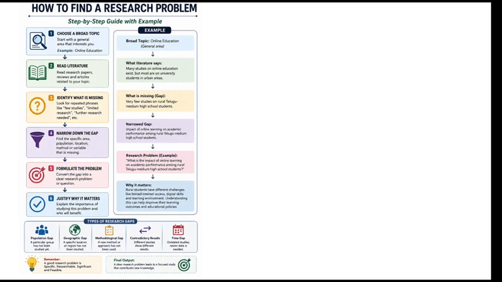And you may not find, for example, the effect of these metals on their reproductive system. So that is a gap. You may find such gaps so that you can make your research problem out of that gap. First you have to identify the gap, and then from that gap you have to make your research problem.